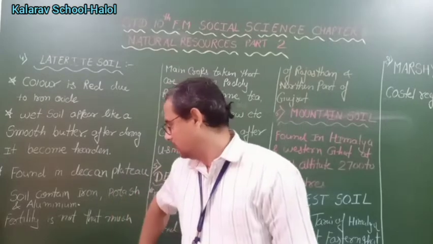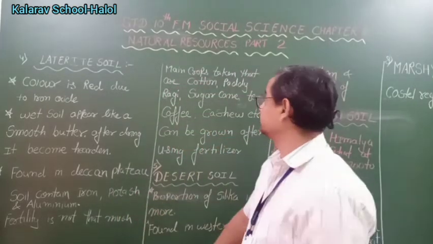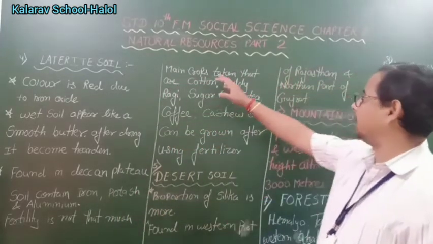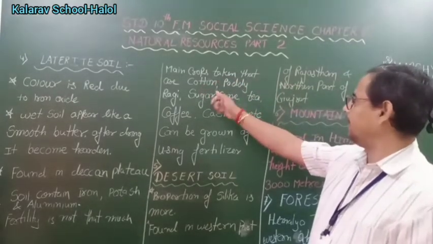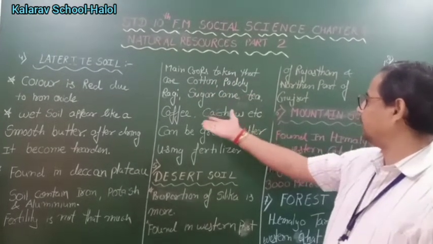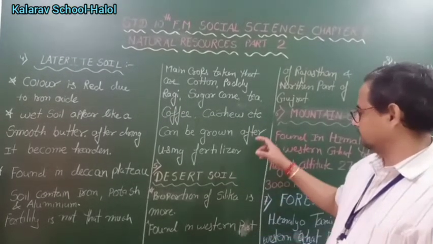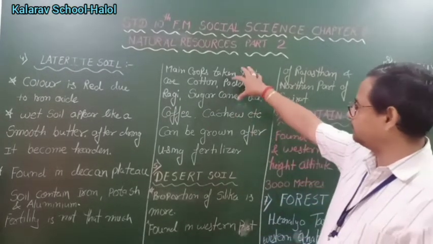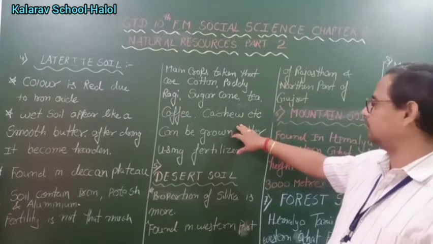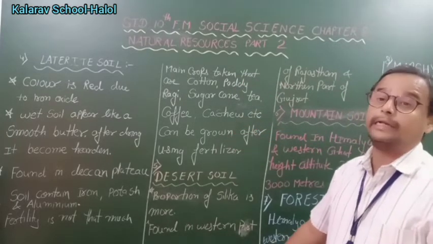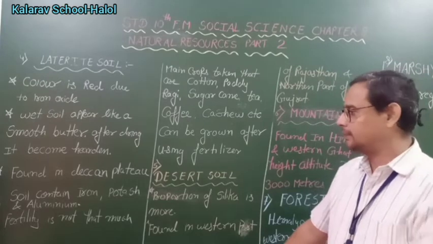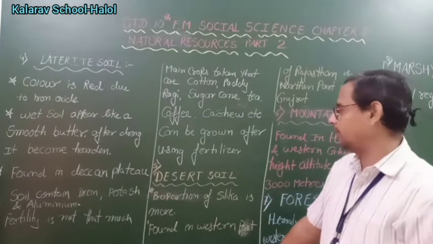The main crops here are cotton, paddy, ragi, sugarcane, tea, coffee and cashew nut. It is possible to grow them only on one condition, when we can increase its fertility. Otherwise, as I said earlier, it is not that fertile.